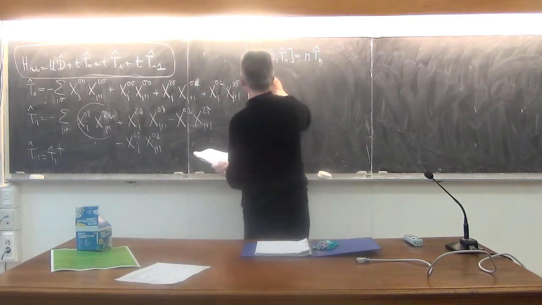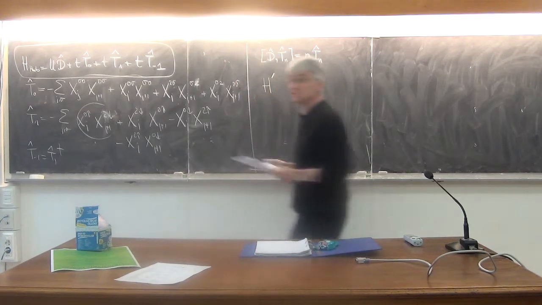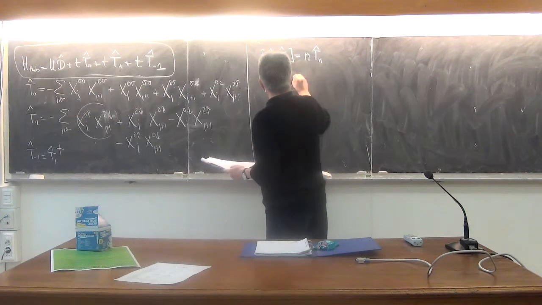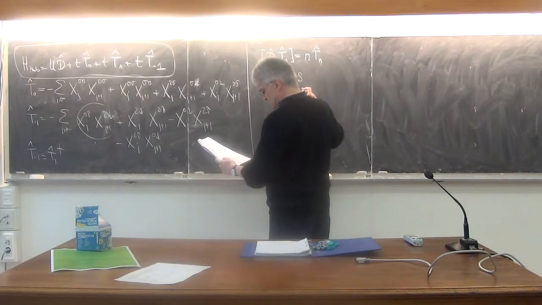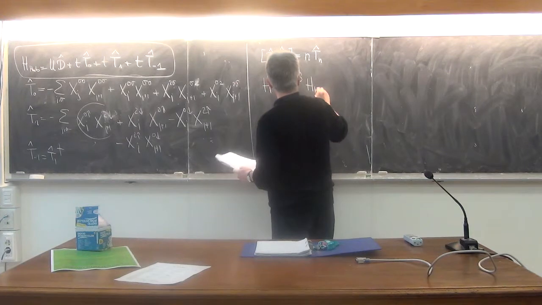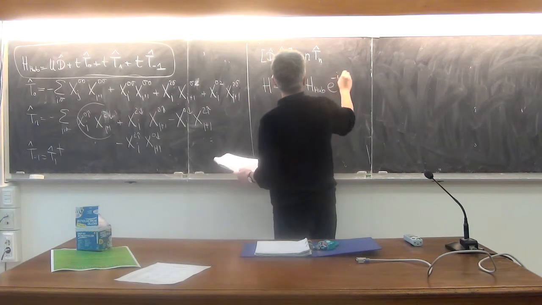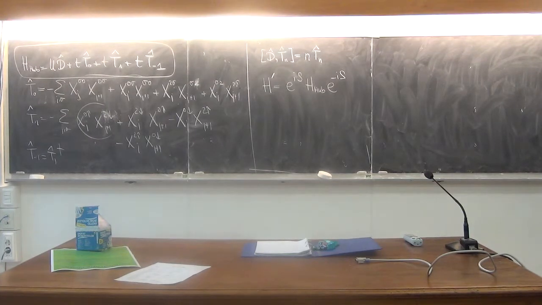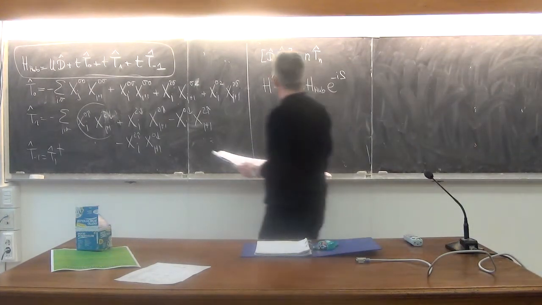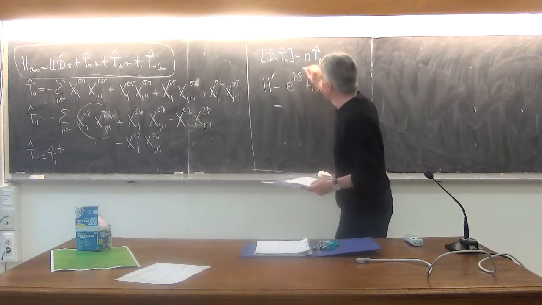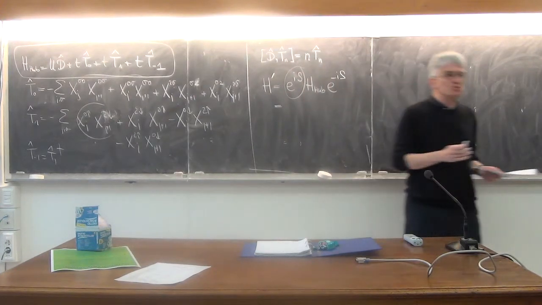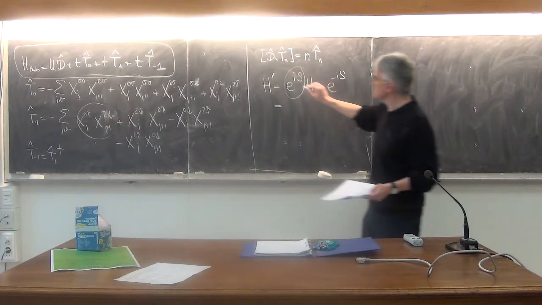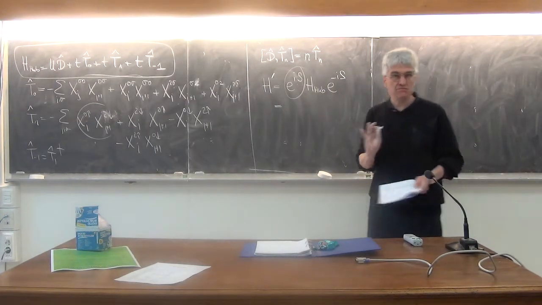So let's see how we do this. So I do a unitary transformation, so just a basis transformation. e to the iS h Hubbard e to the minus iS. So all of this is the same Hamiltonian in different bases. Okay, so I haven't done anything. But now what we do is we essentially will use the fact that we have a small parameter, which is t over U, to choose this guy in a very clever way.